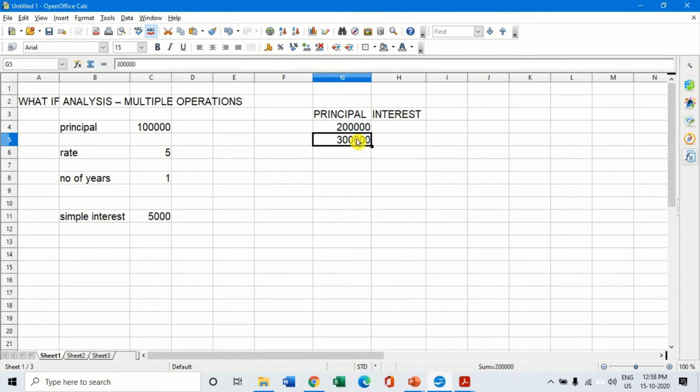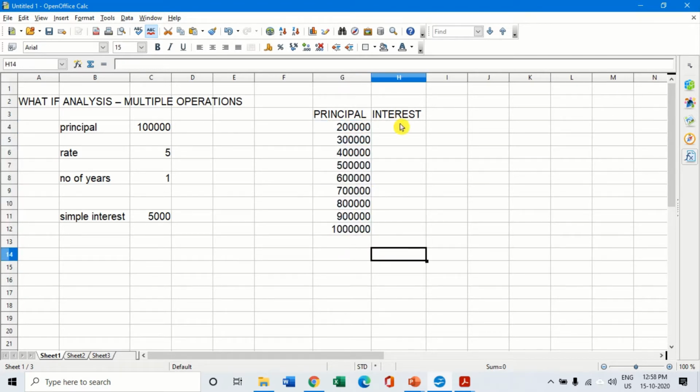I want to find out the multiple values, how it is going to affect the interest. Let's take up to 1 crore like this. So now what would be the interest for these different principal amounts? I want to do it in a different location.